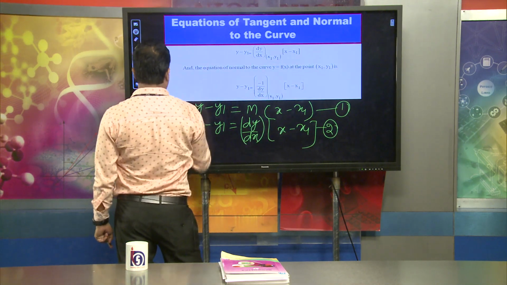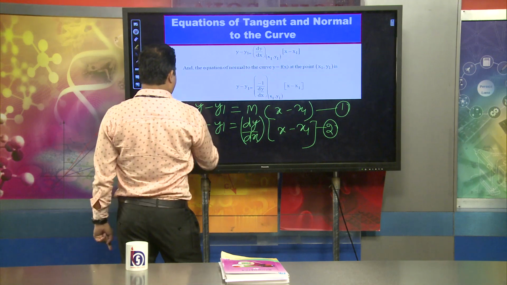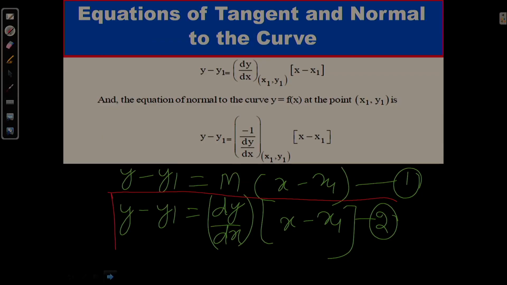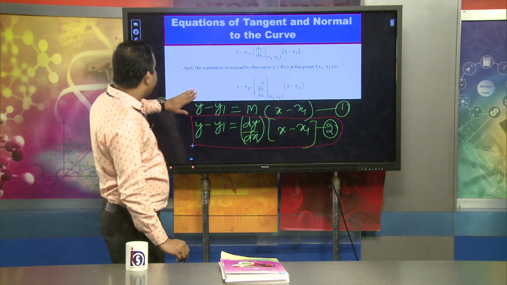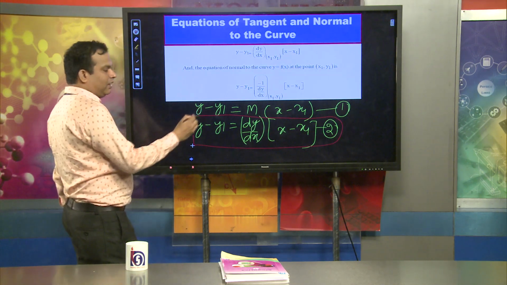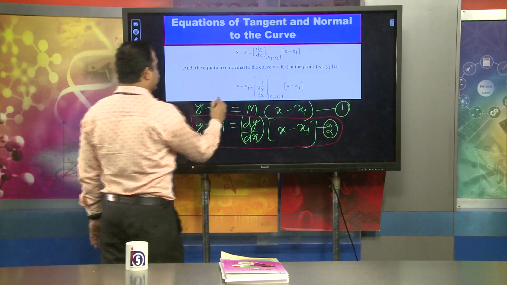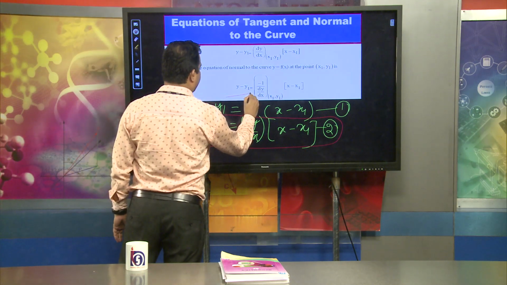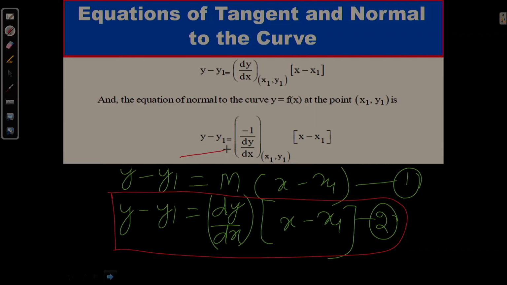Very simply I can say y minus y1 is equal to dy by dx into x minus x1. This is known as the equation of the tangent. When talking about the equation of the normal, very simply, y minus y1 is equal to minus 1 divided by dy by dx into x minus x1.